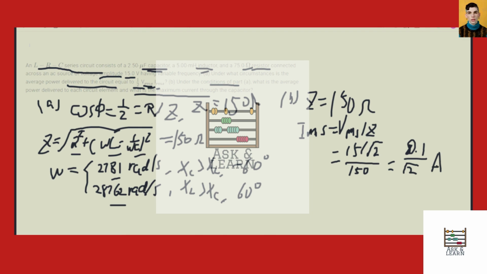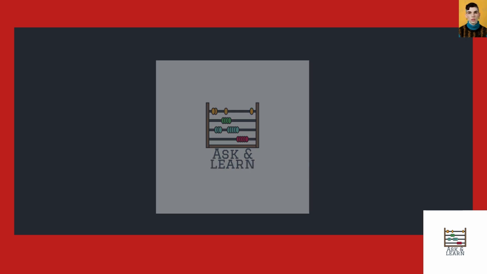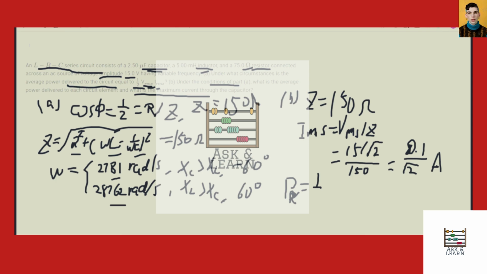And the power in this case, the power delivered to the resistor, PR, is also equal to the total power, because the capacitor and the inductor do not consume power.